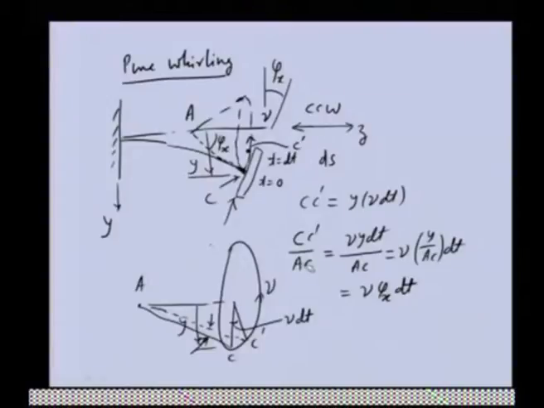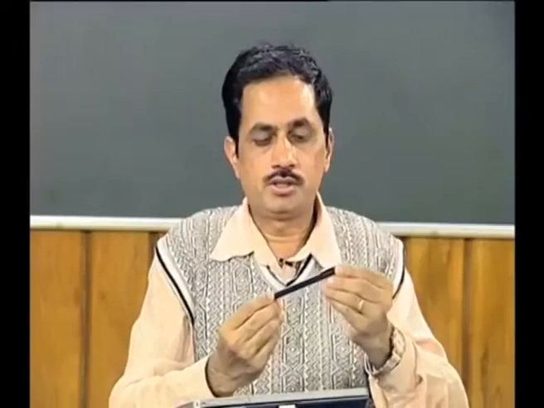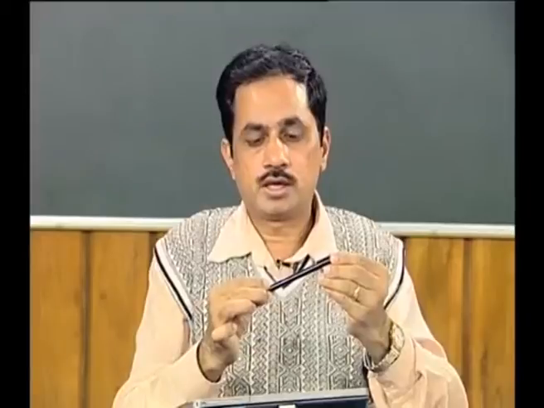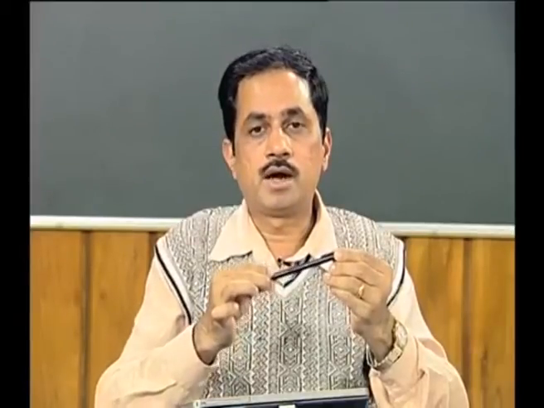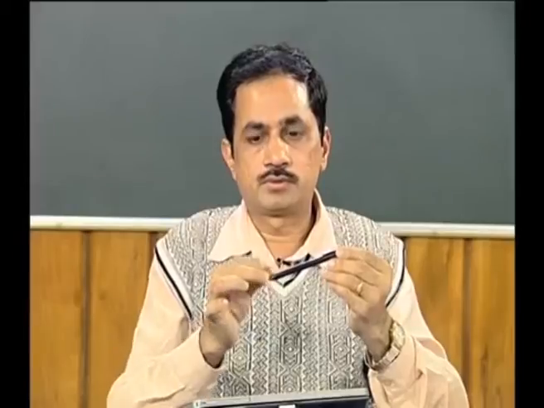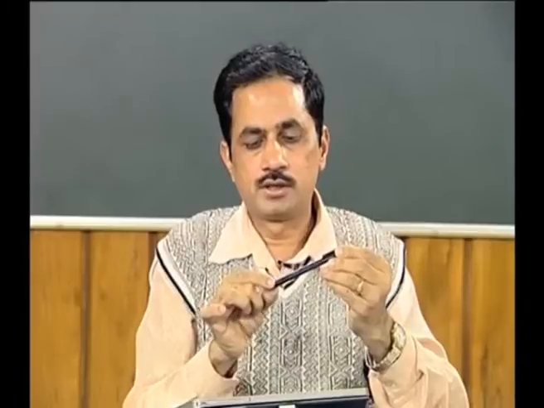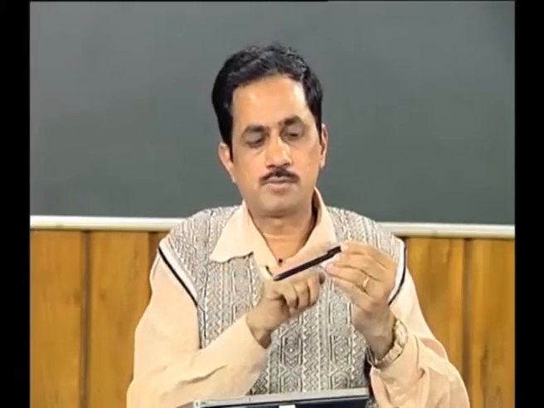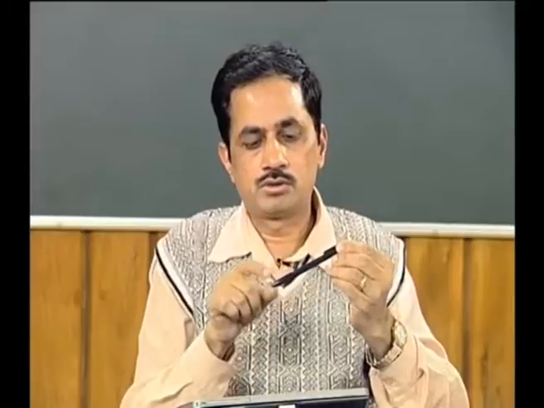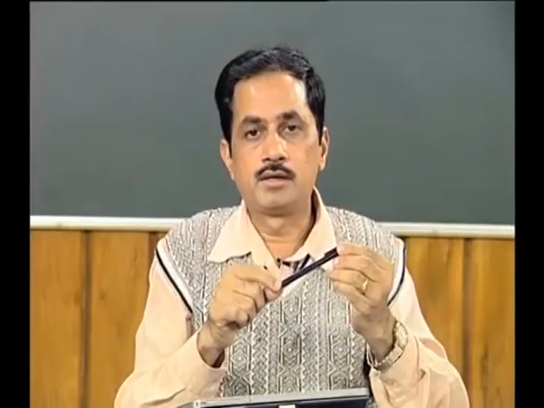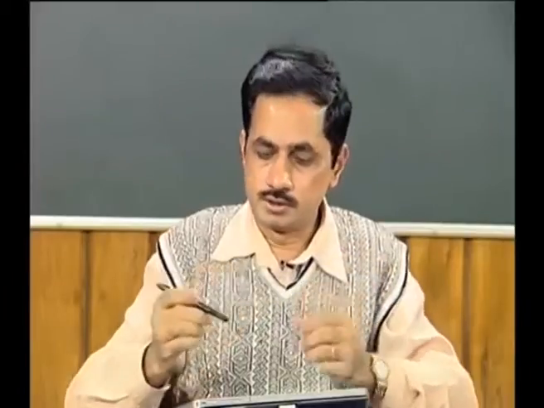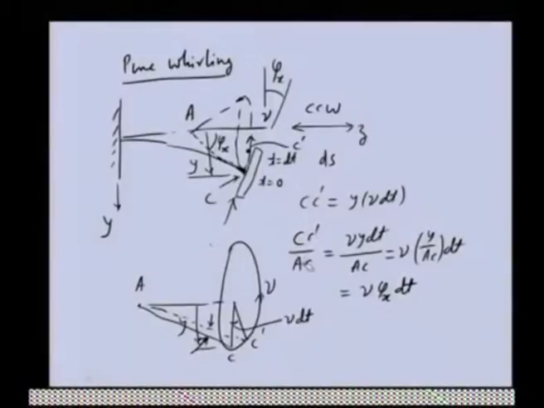This is the angle which we have obtained, CC prime and AC. This is the angle which this AC is traversing. So, if we see here, AC is this one which is at the bottommost position, and it is traversing some angle, that is a cone. We consider the small shaft segment here, and that shaft segment is traversing in a cone like this. So, this point is A. So, this line is making the angle that we obtained here, that is C prime by AC.